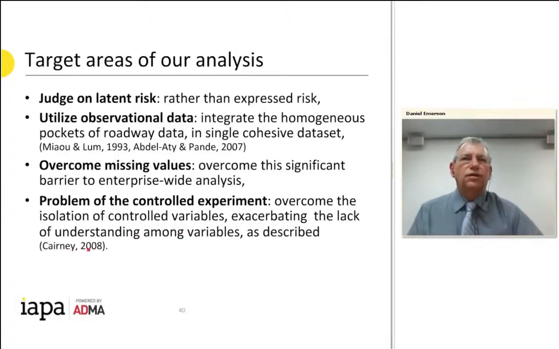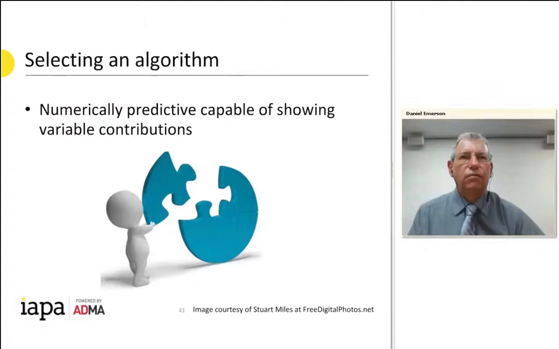Okay, so what algorithms can we use? The really good thing about this method is that we can use an off-the-shelf algorithm. We want one that predicts numerical data. We want the output to be in rules rather than individual point predictions like many tree methods do.